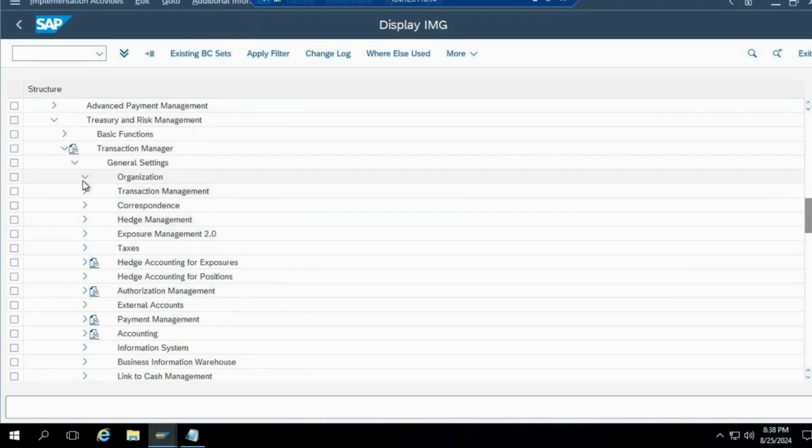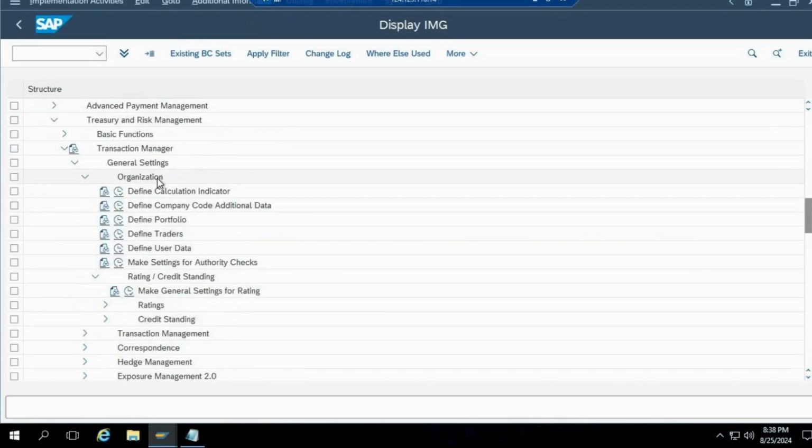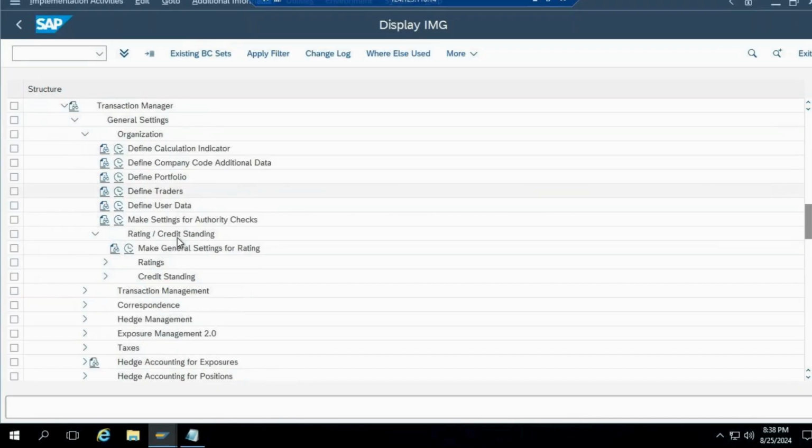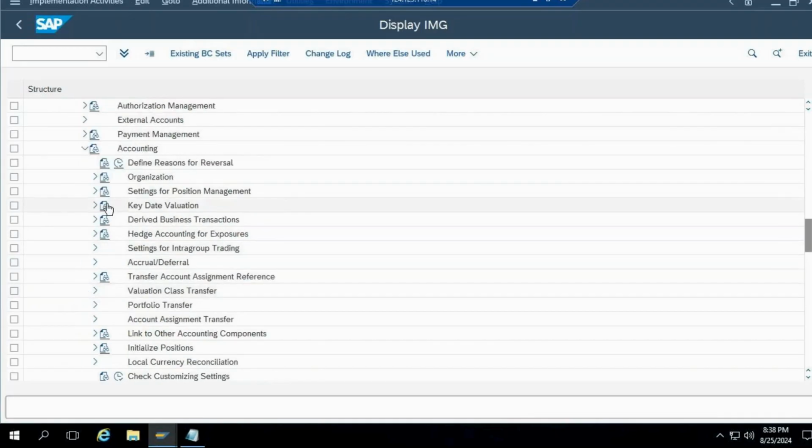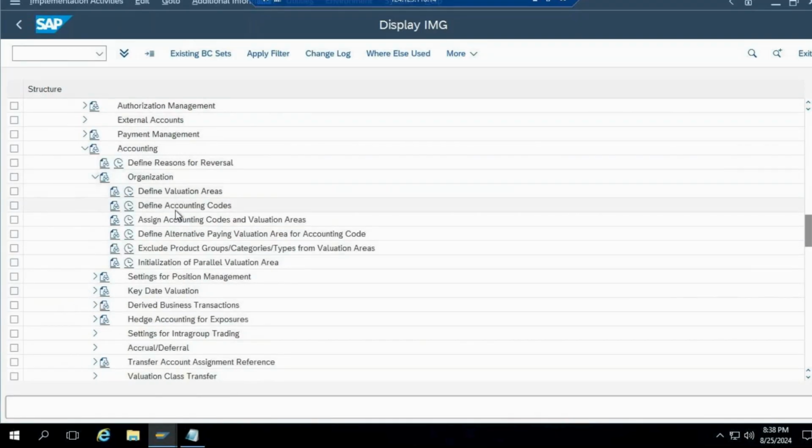And you can see treasury also has an organization structure. You can see the organization structure under the general settings. There is one more organization structure under accounting, which talks about the valuation, accounting code, assigning accounting to the valuation area.